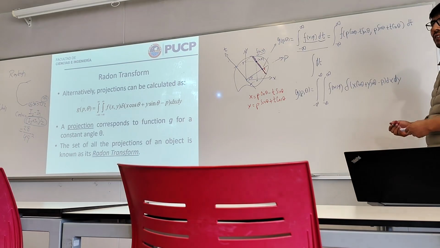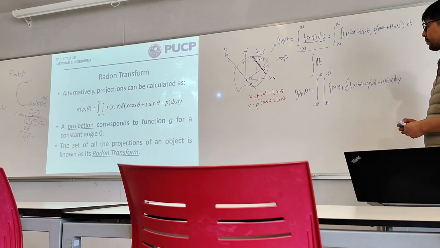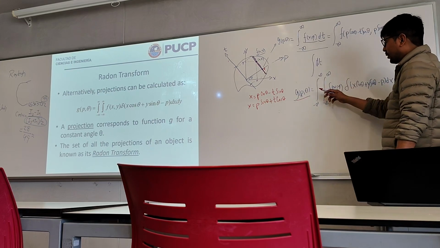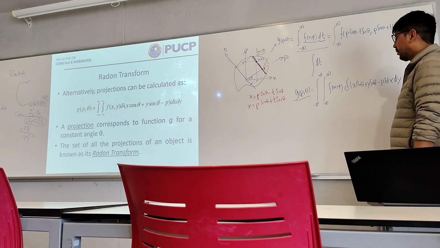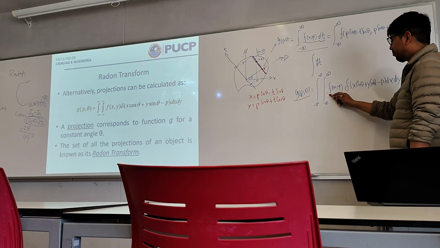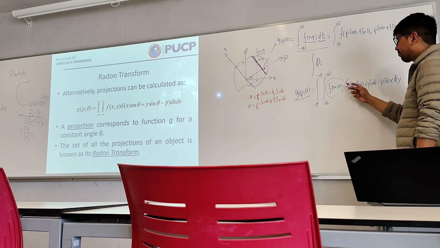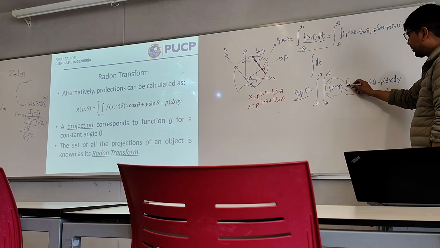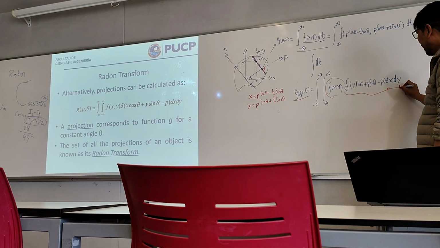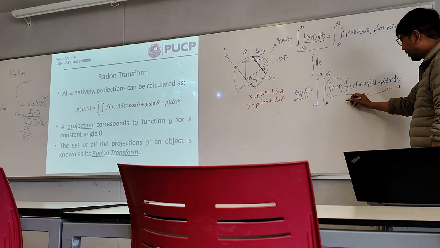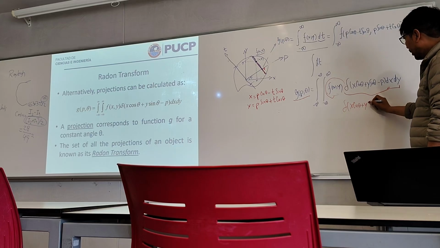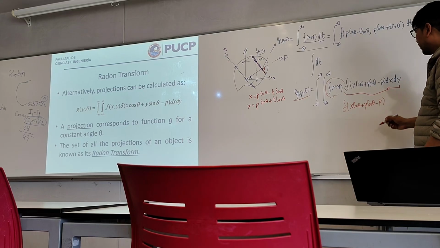This is the second definition of the Radon transform. It's p of theta for some value of t and some value of theta, which will be the double integral of the function multiplied by this delta function, and then differentiate dx dy. Maybe I will write it one more time. The delta of x cosine theta plus y sine theta minus p.